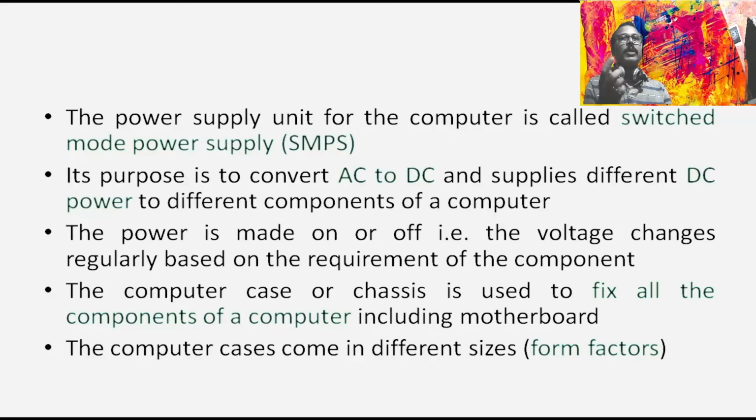Suppose hard disk, DVD drive, etc., because they have motor, they require more voltage, typically 12 volts, whereas other devices may require 5 volts, 3.3 volts. So it is the SMPS which converts AC to DC and supplies this DC power to different components of a computer. The components of a computer require DC.